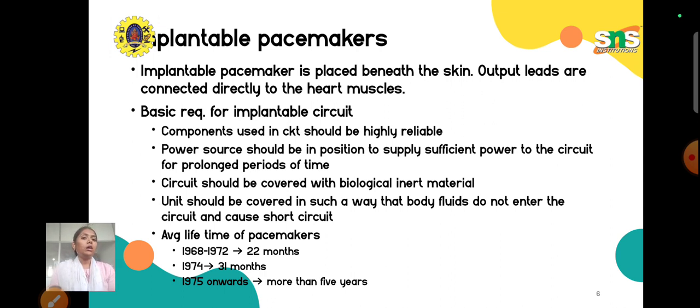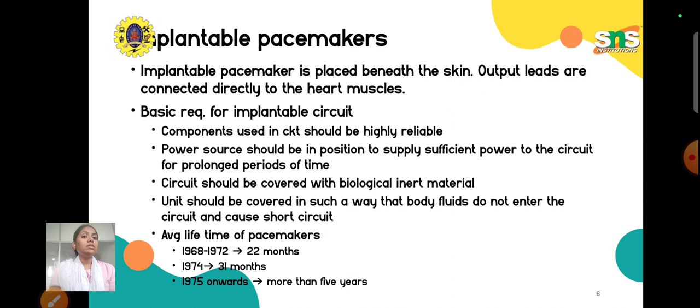The components we choose while designing the implantable pacemaker should be highly reliable. Whenever there is any discrepancy in the data, it should have the potential to recover it back. And it should have very high precision and high accuracy. So this is the first and foremost basic requirement.